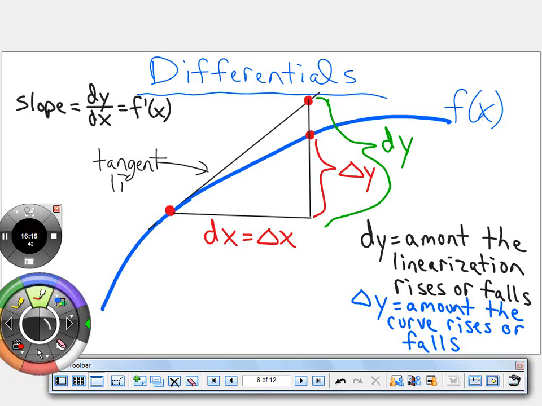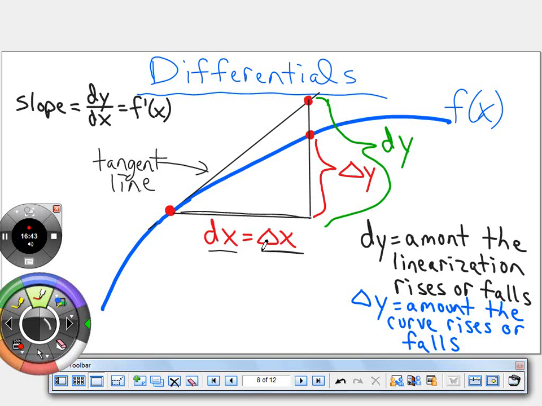And you know, the tangent line is going to be broken up into pieces, and we're going to have one piece that runs along, you know, this part here, and that's the dx. We call it dx, or we call it the change in x. These are actually going to be the same. And then for the other part, we have the change in y. This is the part that the curve actually rises or falls, the curve itself.